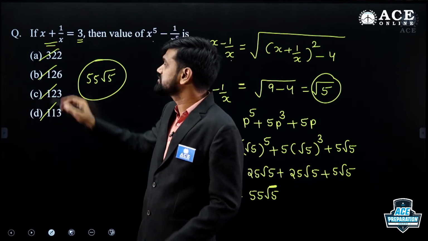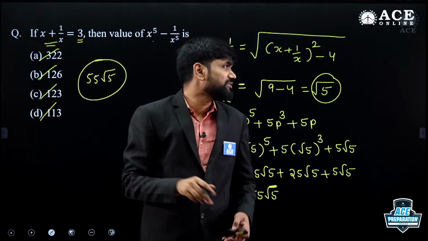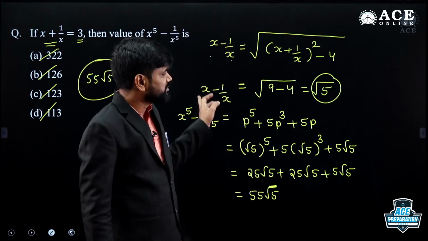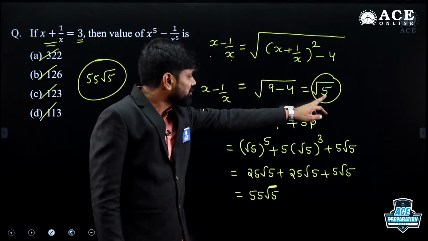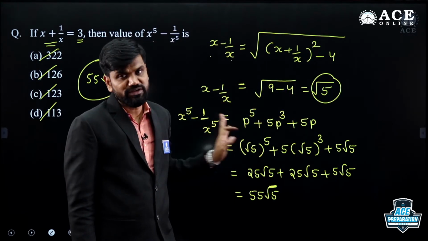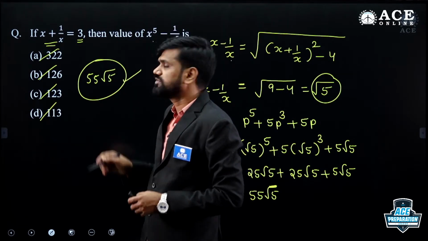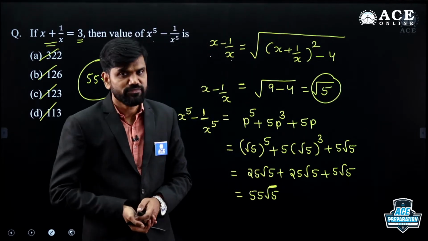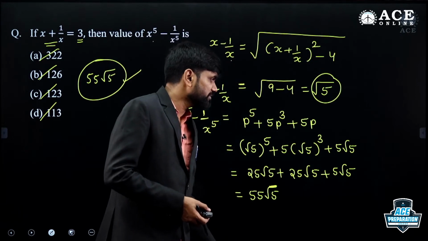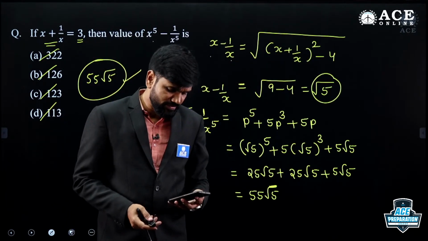But here they have given x plus 1 by x equal to p. So first, from x plus 1 by x you have to get the value of x minus 1 by x. By assuming this x minus 1 by x as p, you have to apply the formula here. That's the correction here. So the correct answer is 55 root 5 only. Just make a note of it. If there is any doubt, just let me know.